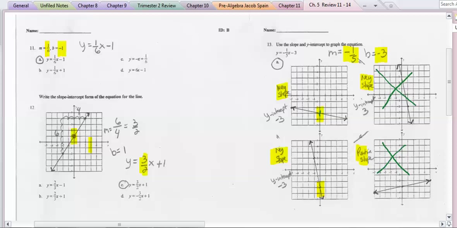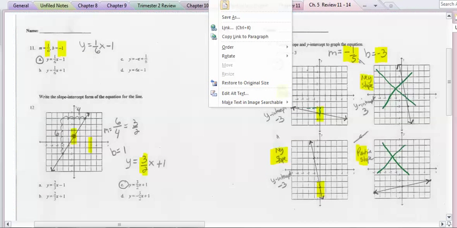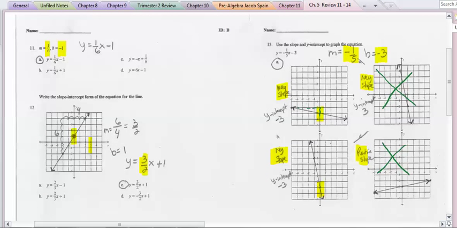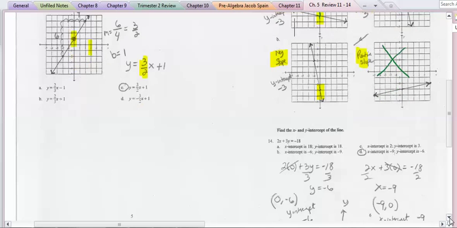This one went up 1 and over 1, 2, 3, 4, 5. And that's why I chose this one. Because this bottom one went up 5 and over 1, and we need to go up 1 and over 5. Okay, number 14.